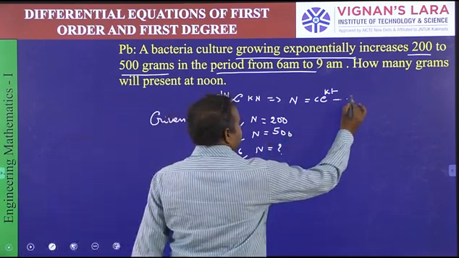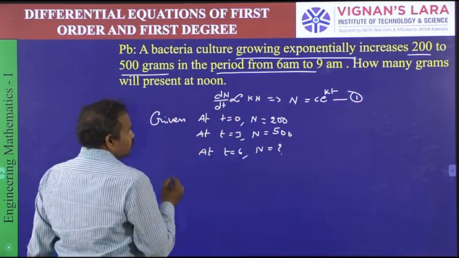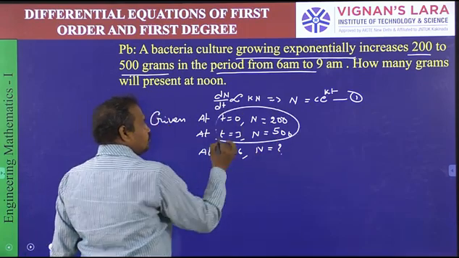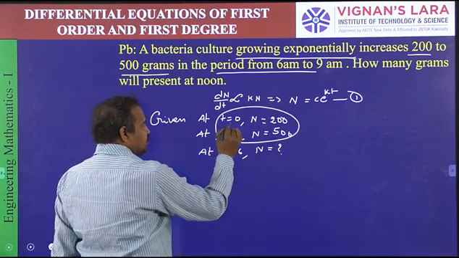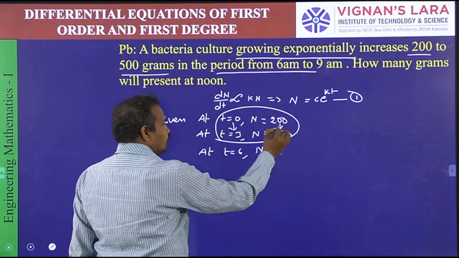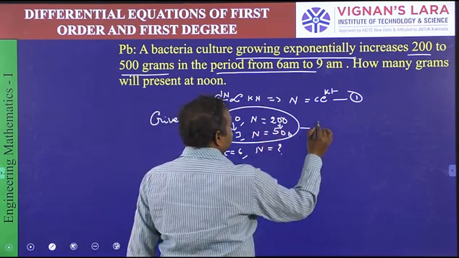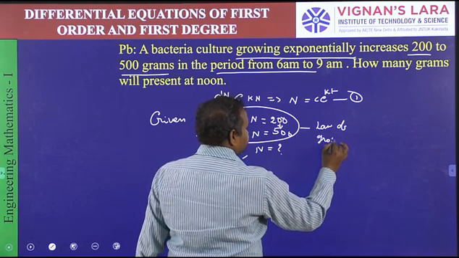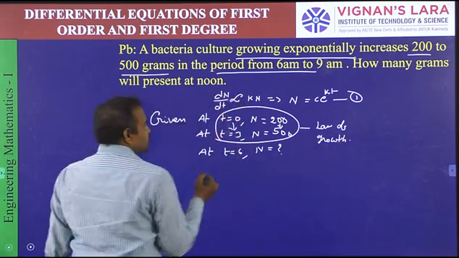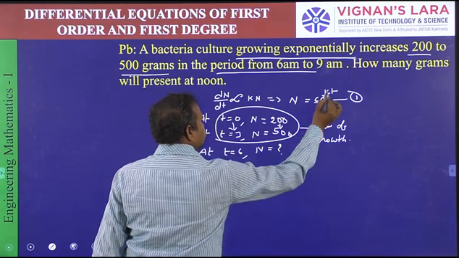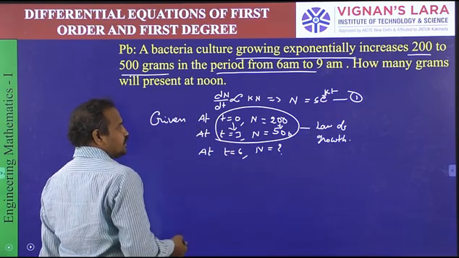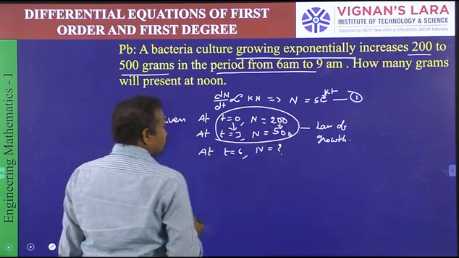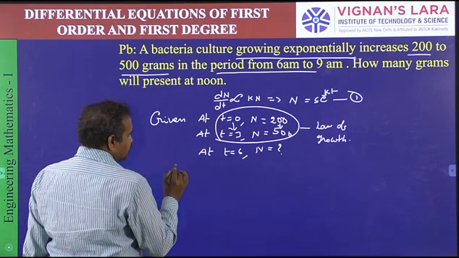So this is our equation 1. Observing the given data, as time increases, quantity is also increasing. So this is called log growth. Now use the conditions. Because this has two unknowns, we are given two conditions. What is the first condition?